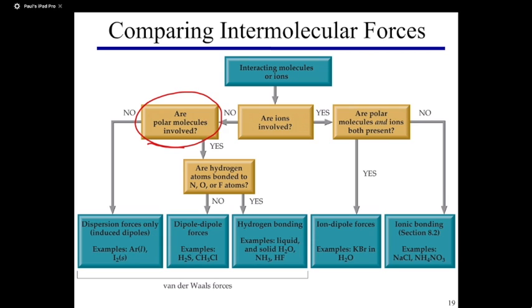So if there are ions involved, I have two possibilities. I can have an ion and a dipole interacting. That is an intermolecular force. Or I can have two ions coming together, a positive, negative, that classifies it as a bond, an ionic bond. Okay? If by chance I have polar molecules, then do you have the possibility of having N, O, F? Then there's a possibility of having a hydrogen bond, so you have to eliminate this, or it's a hydrogen bond.